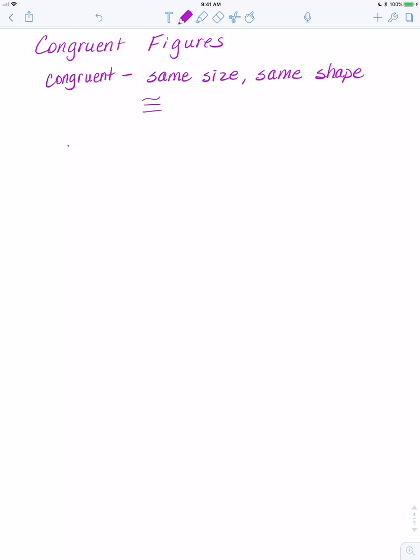So let's just say you have two line segments. Here's point A, this point's B, here's another line segment that's C, D. And we would say, well, this line segment AB is congruent to line segment CD.